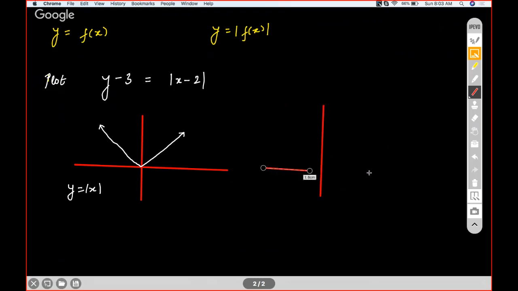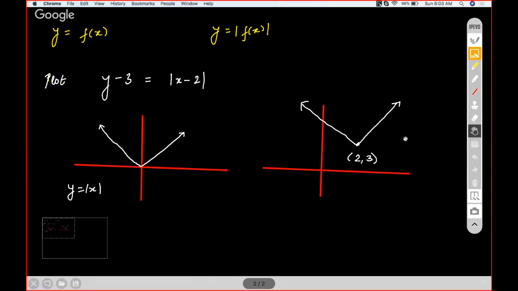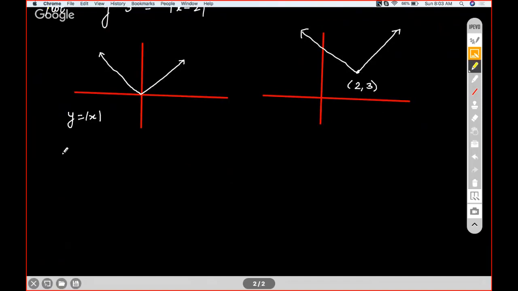So its vertex comes at 2, 3. Absolutely, very good. So now it has got moved like this. This point, which is the corner point, now has come at 2, 3. Great.